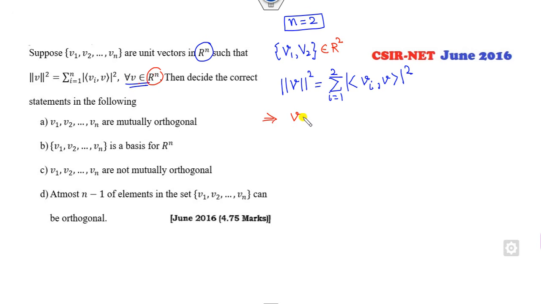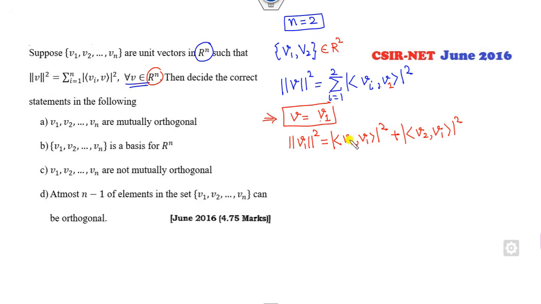If I choose V as, say, V1, you can choose any one. It is nothing but V1 square. If I open this, and take V as V1, it is the inner product of V1 with V1 squared plus the inner product of V2 with V1 squared.